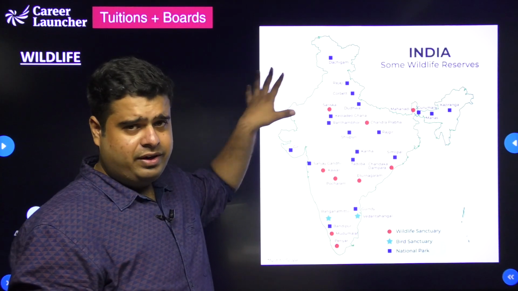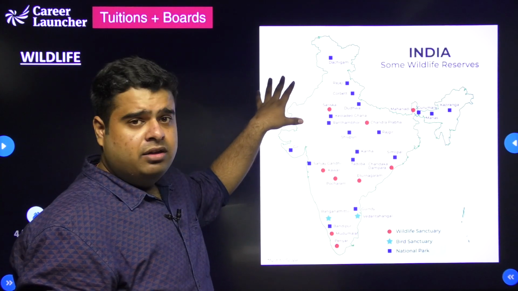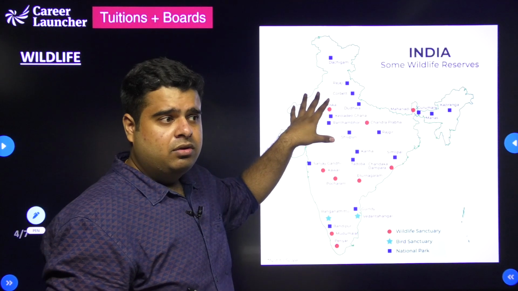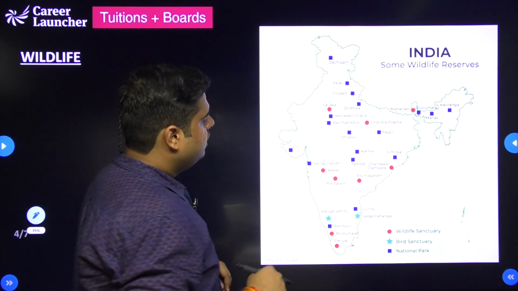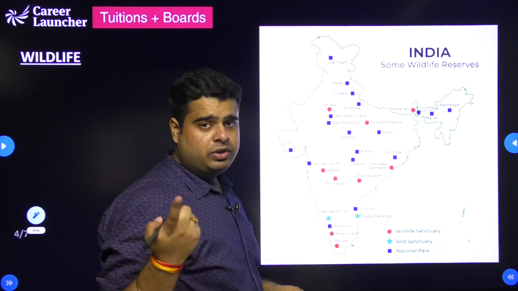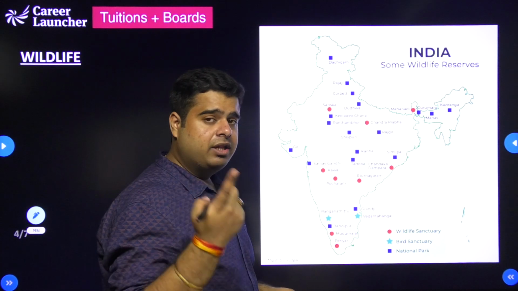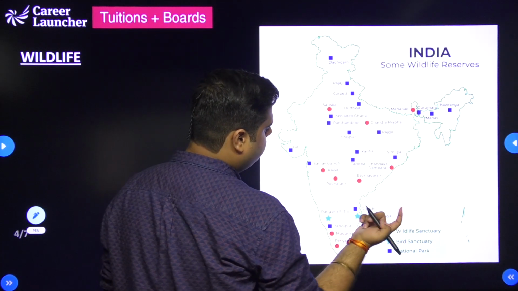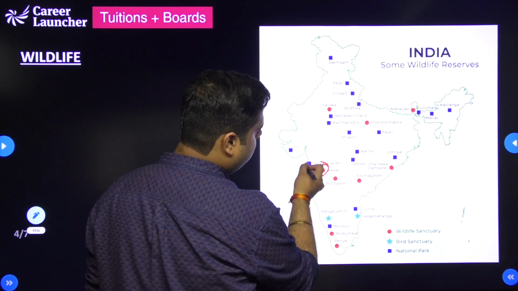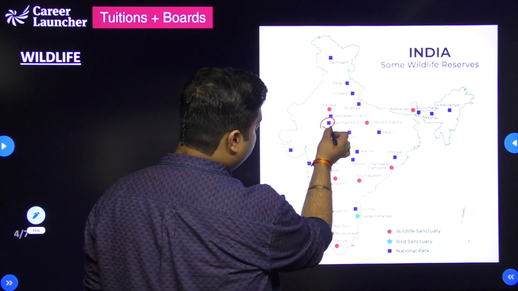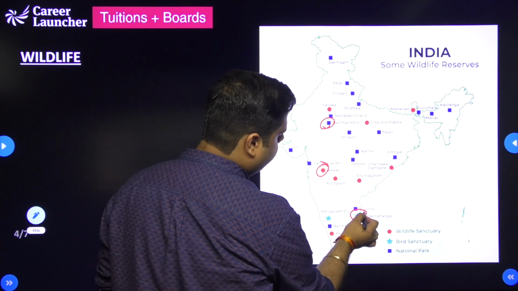So let's try to understand the Indian wildlife organizations. There are three types of reserves which are implemented by the government of India, which include the wildlife sanctuaries, the national parks, and the bird sanctuaries.